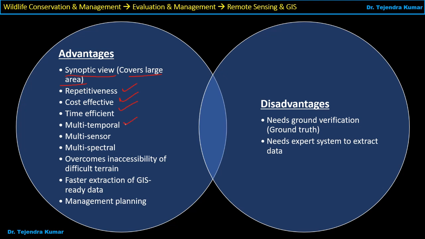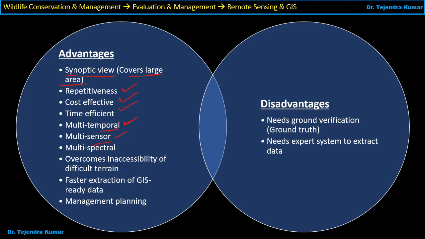Multi-temporal, as we had seen that images are taken at various time intervals, and different types of temporal images can be taken. So that's why these are multi-temporal. Multi-type sensors are available, so they are sensing different kinds of electromagnetic waves.